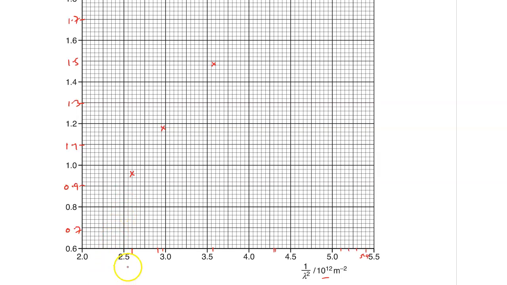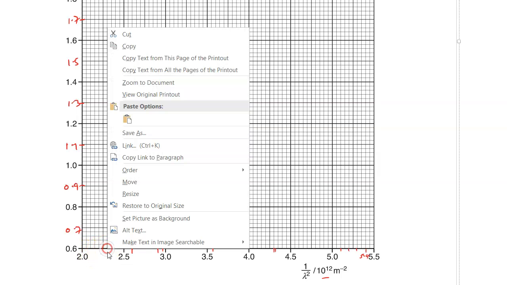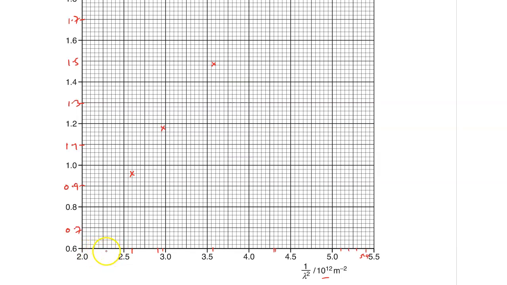The other one is, the last one is 2.3. 1, 2, 1, 2, 3. 2.3 is there. 2, 3, 2.3 is there. Again, it's 0.83. 0.8. 1, 2, 3. Go for there. So those are our points.